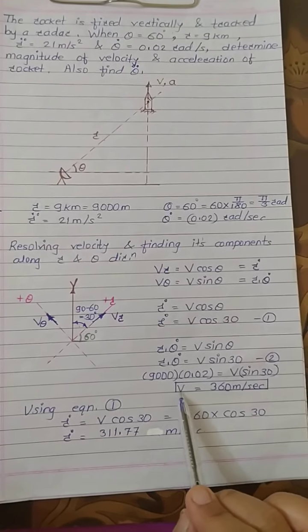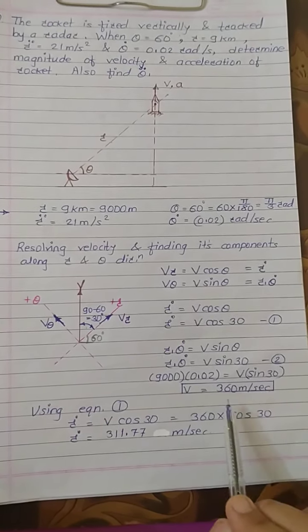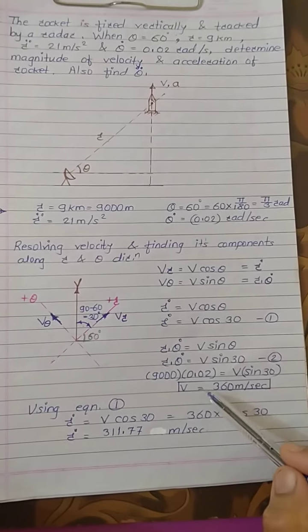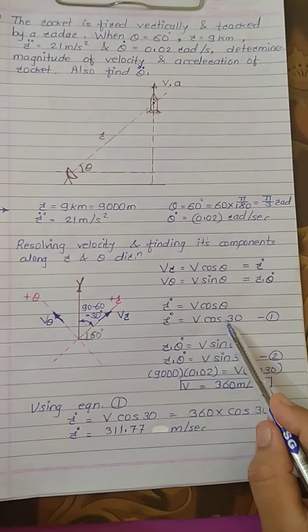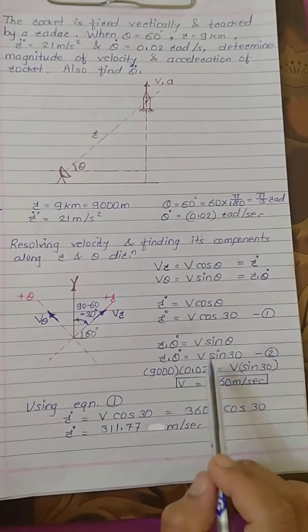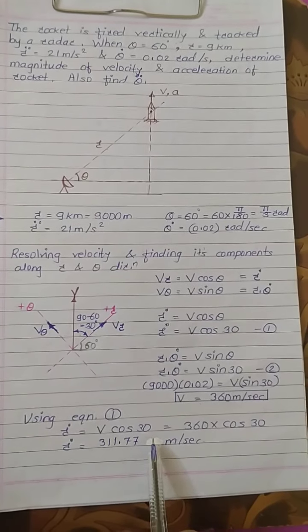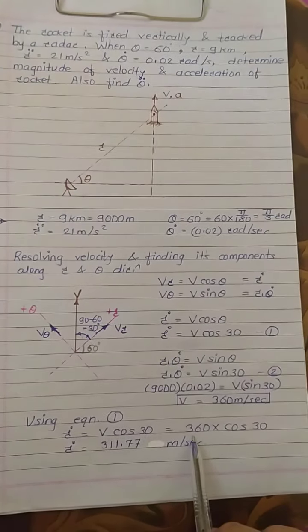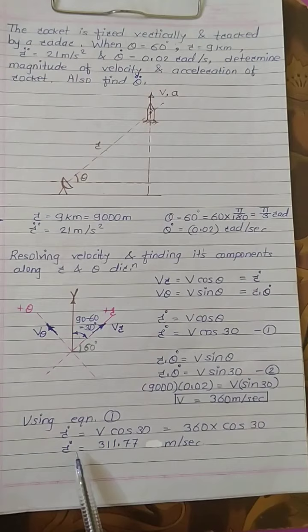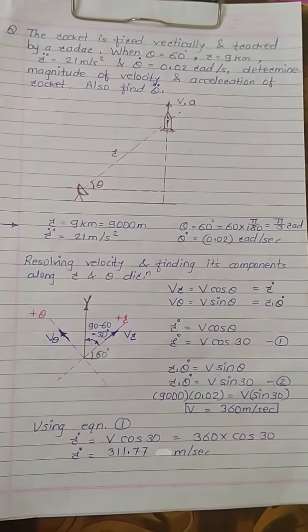From this you will get velocity as 360 meter per second. After getting this velocity, if you substitute this value in equation number 1, I will get r dot. So r dot equals V cos 30 equals 360 into cos 30. So r dot will be 311.77 meter per second.